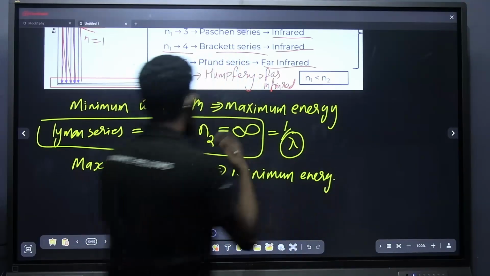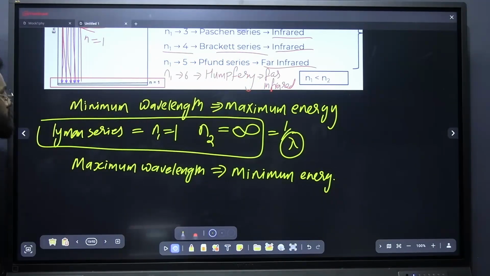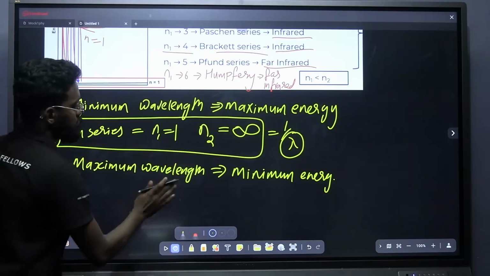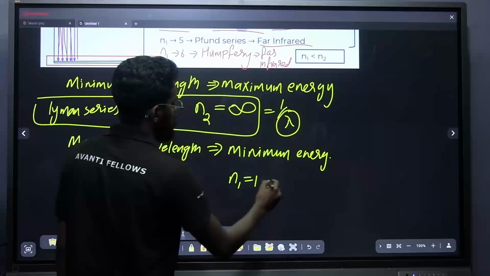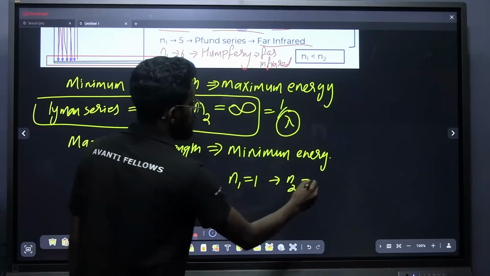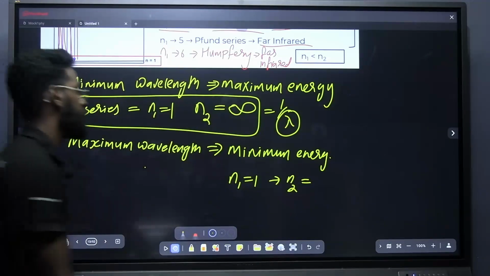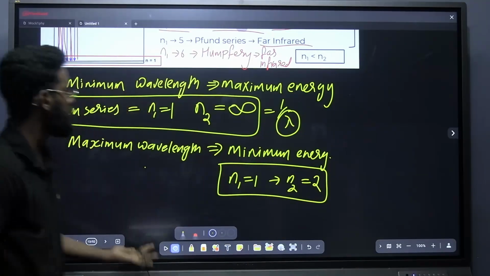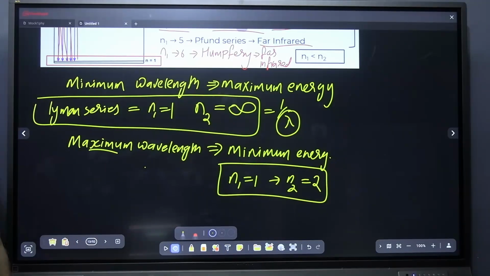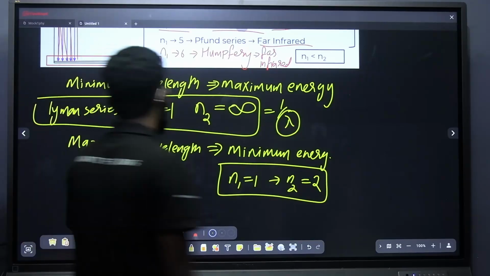What is the minimum energy in the Lyman series? N1 is equal to 1, n2 is equal to 2. Find out the wavelength of this transition and that is the maximum wavelength. Simple. Is it clear, everyone?